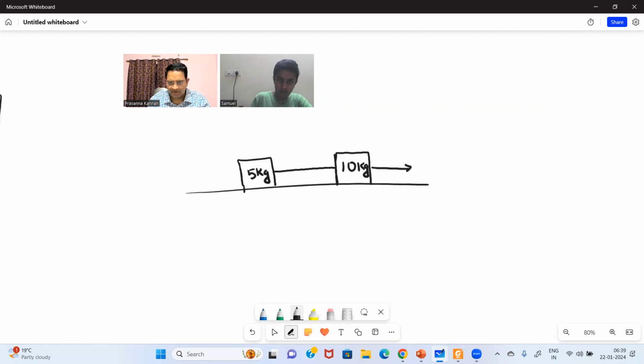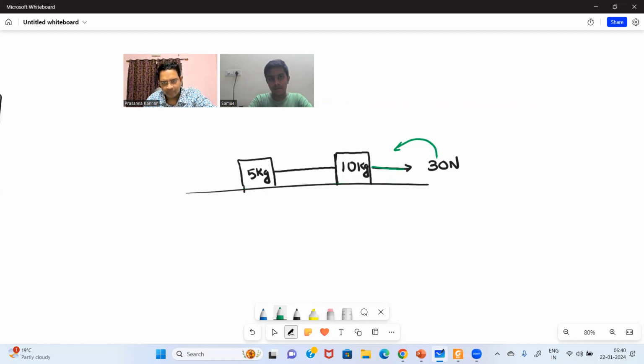And let's say I am applying a force of 30 Newton. Now, this 30 Newton is applied on the 10 kg block, which is intending to move it to the right, correct? For the time being, I'll assume a frictionless, smooth surface.